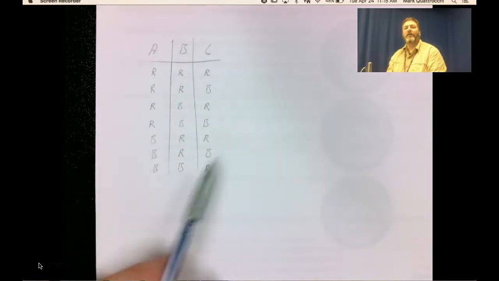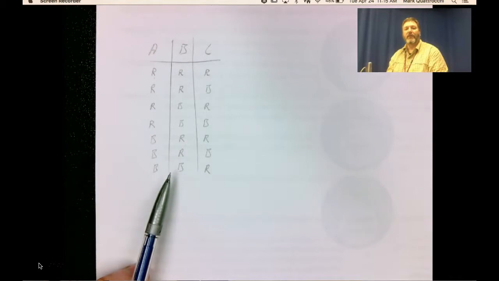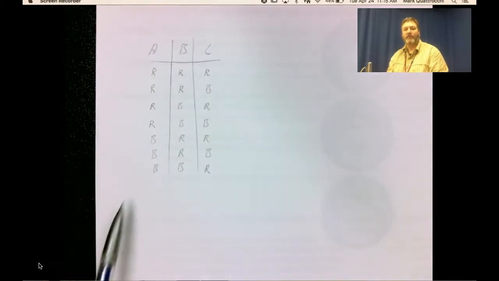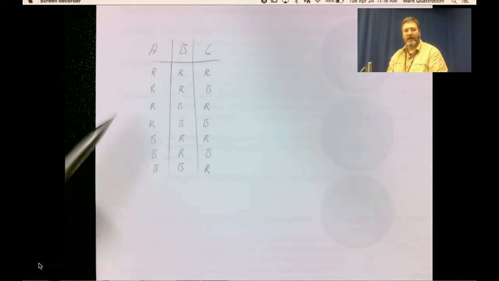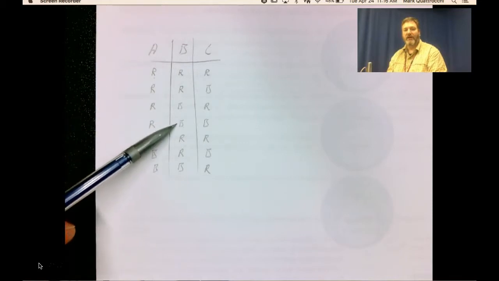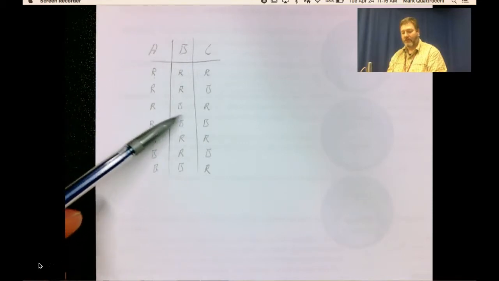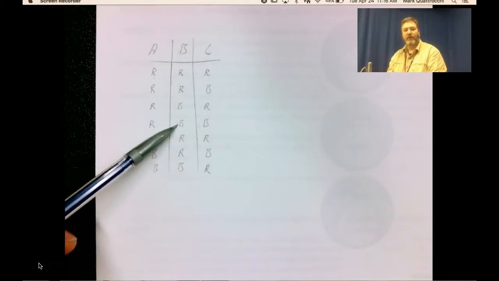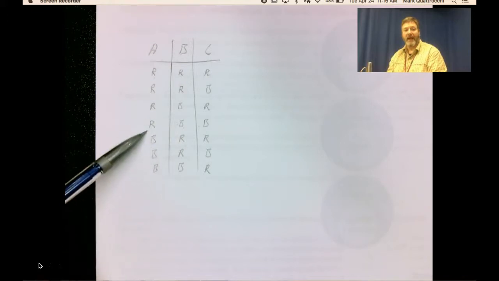Now, what would be the one situation where Alan would know what color hat he was wearing? The only time that Alan would know what color hat he was wearing is if he saw blue, blue. If he sees blue, blue, he knows there are no more blue hats, and he would know that he would have to be wearing red.